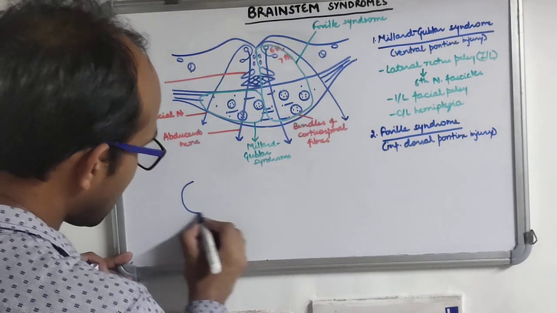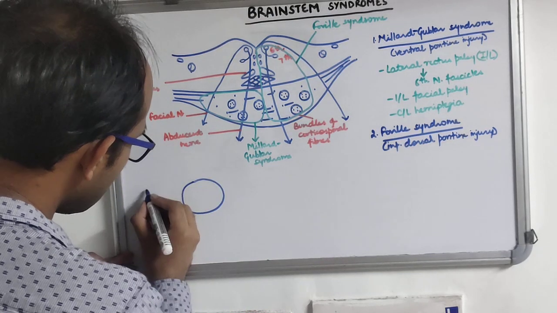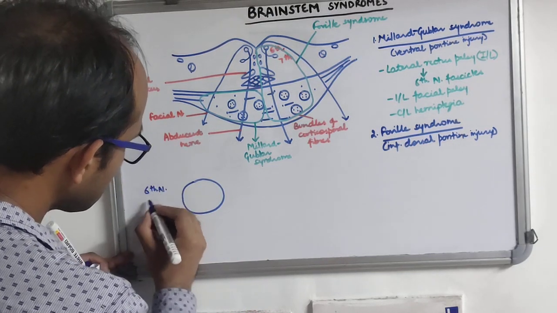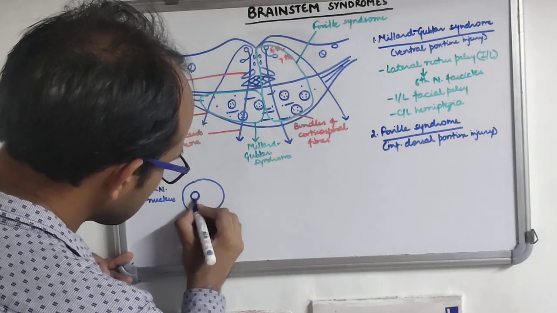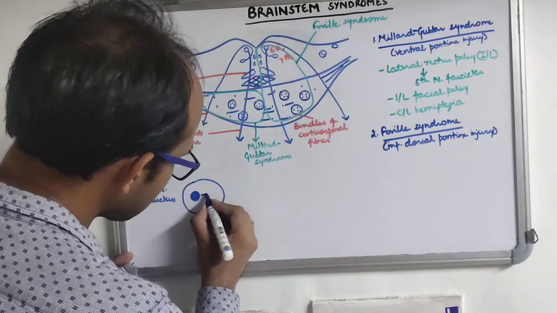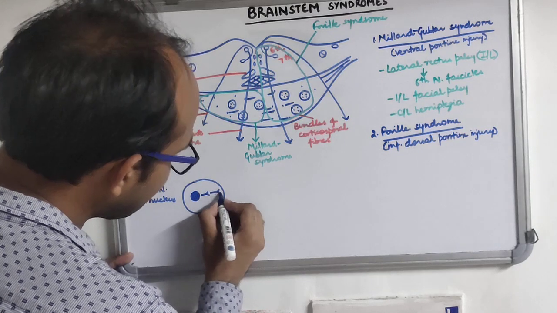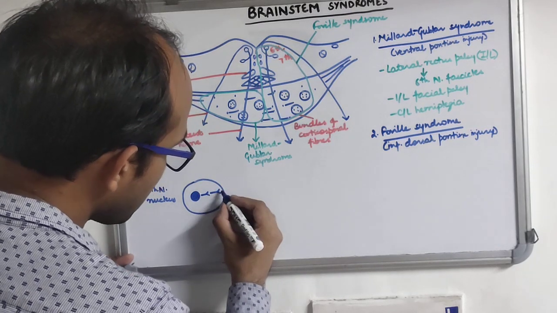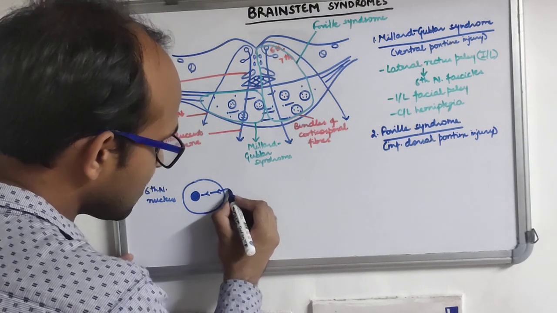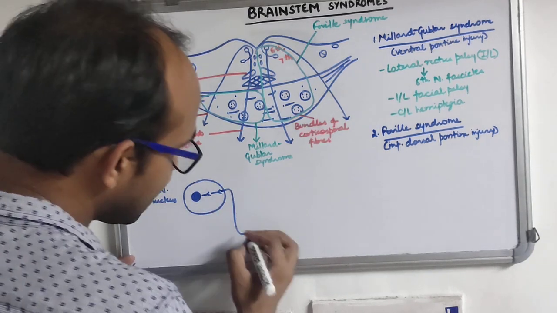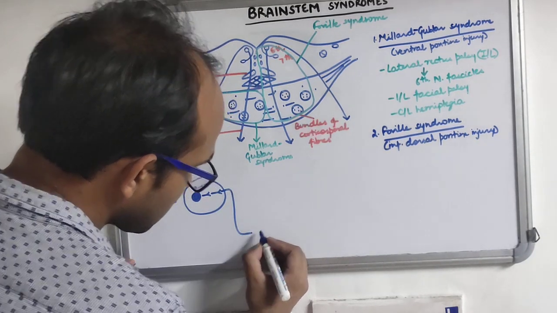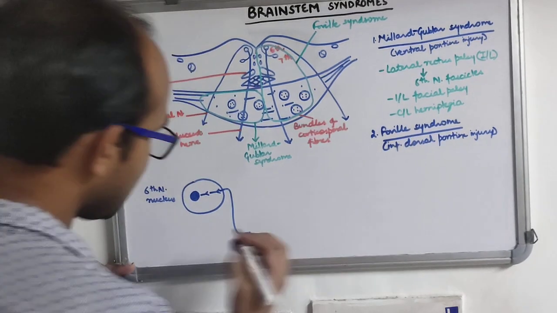This is an abducent nucleus, the sixth nerve nucleus. So this nucleus contains interneurons which transfer fibers to the contralateral oculomotor nuclear complex.